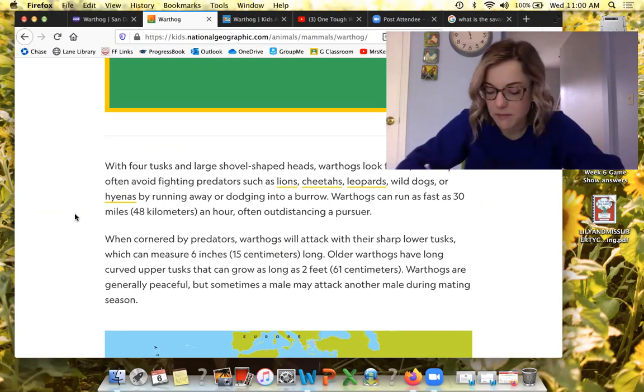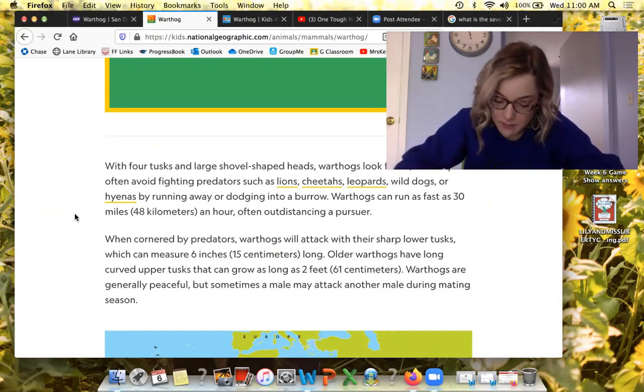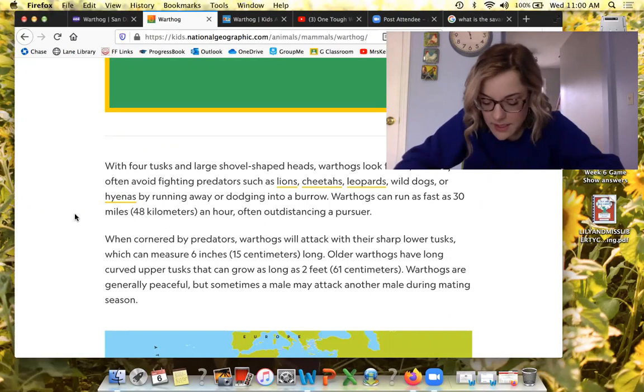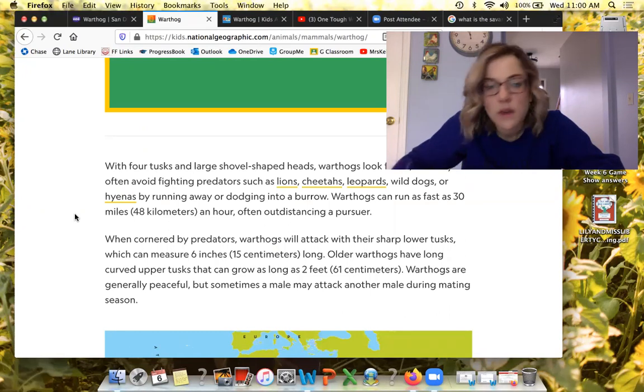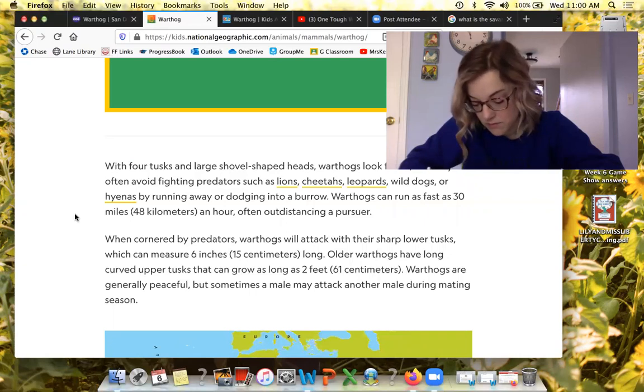I'm going to make a barrier here, and I'm going to write these animals hunt warthogs: lions, cheetahs, leopards, hyenas, and then wild dogs.